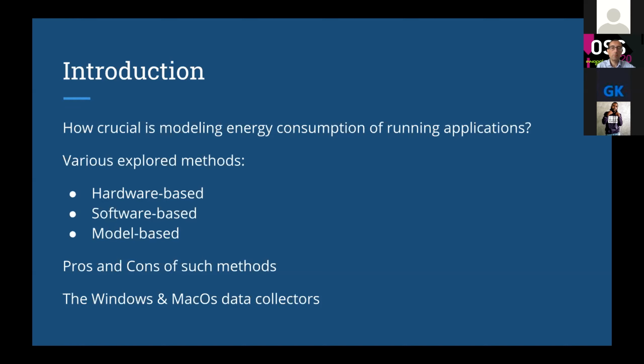Another approach is the software-based approach. Here we use software to get information from the operating system on how each user application is using resources, such as the percentage of processor usage, memory, and disk reads and writes.